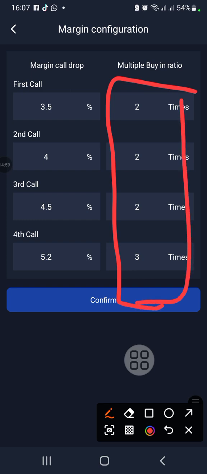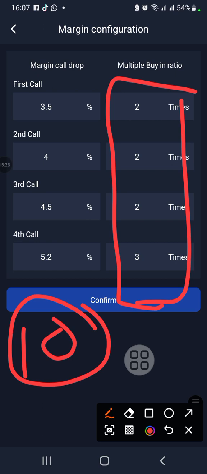What do the multiple buying ratios mean? Multiple buying ratios simply means you're trying to tell the robot that when you go to the market and buy the coin CHZ, and start with $10 as your first buying amount, the first time you enter the market, in case that coin drops by 3.5, please add in $10 two times.